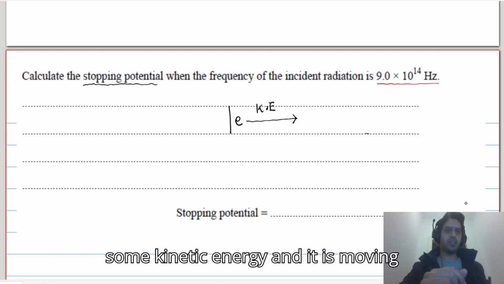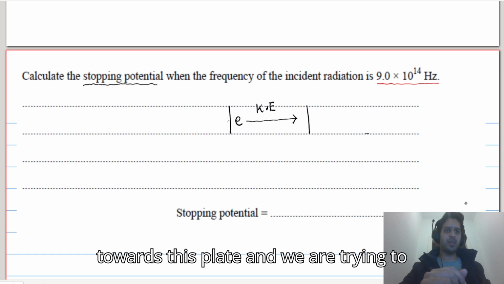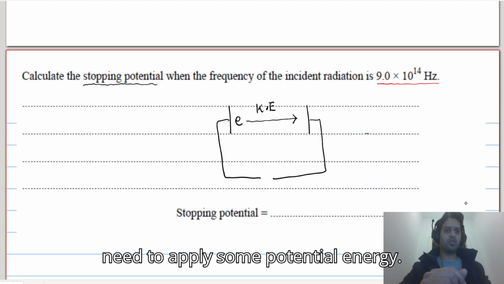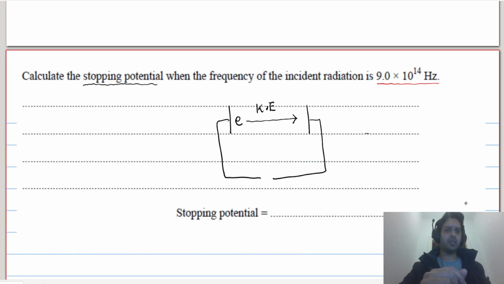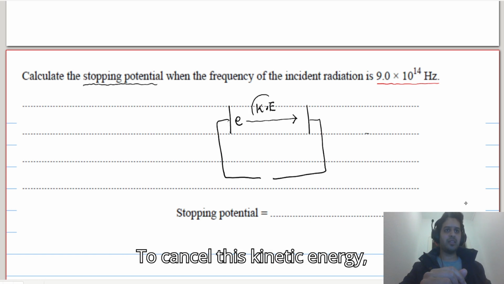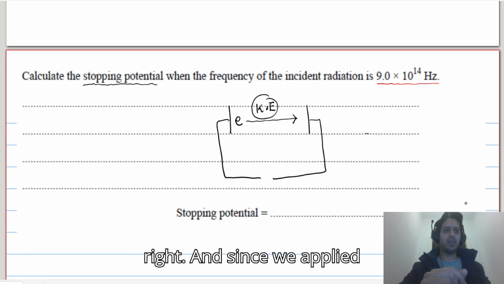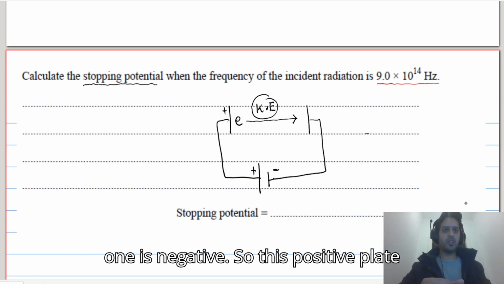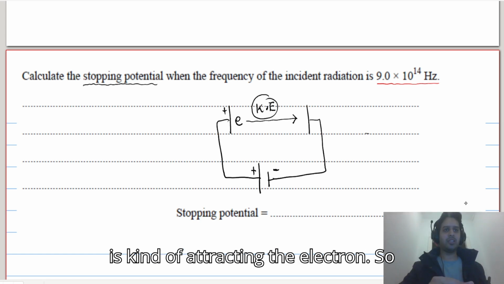It has some kinetic energy and it is moving towards this plate, and we are trying to stop it. So how can we stop it? We need to apply some potential energy to cancel this kinetic energy, right? And since we apply the potential energy in the opposite direction, this one is positive and this one is negative. So this positive plate is kind of attracting the electron.